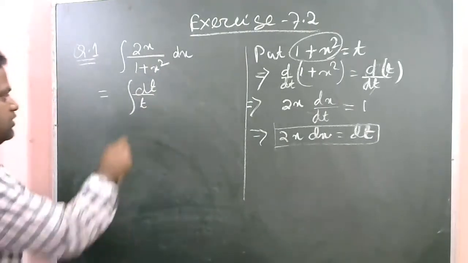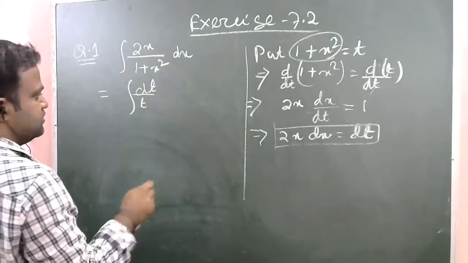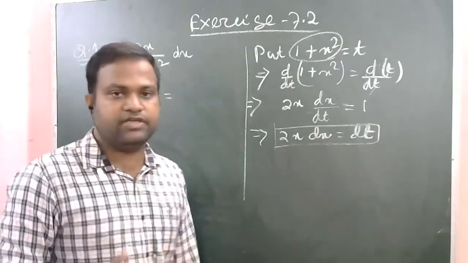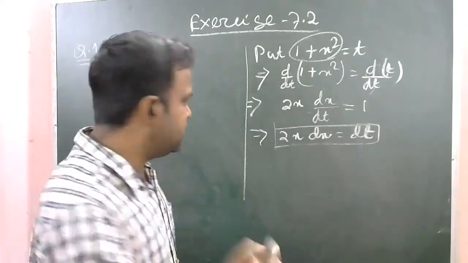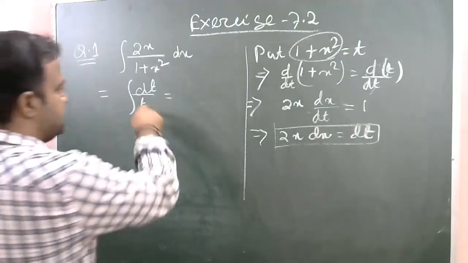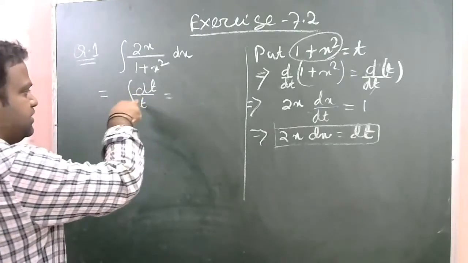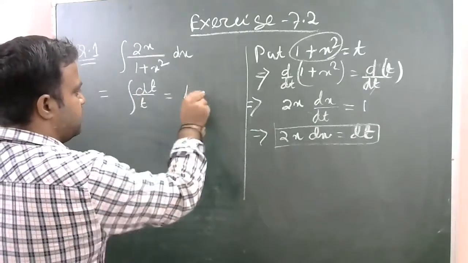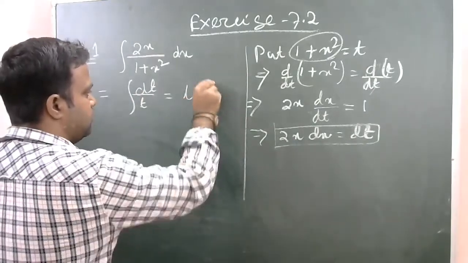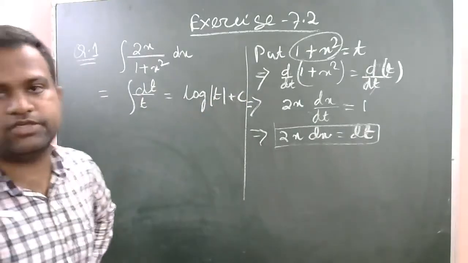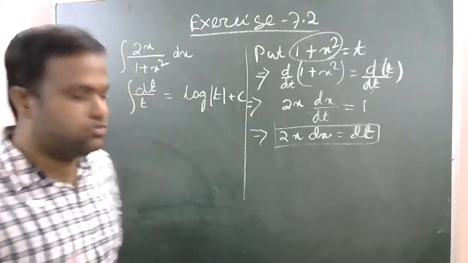Now the integration of 1 upon t dt, you already know, and I have written this before. It is log t. So I can write log t, and it's an indefinite integral, so plus c, one constant term will come.